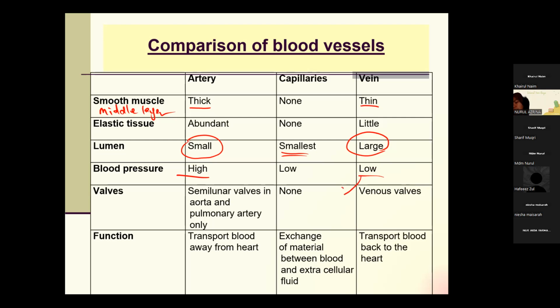What enables blood to still flow in the vein even though the blood pressure in the vein is low? Skeletal muscle action, madam. Very good. Due to the contraction of skeletal muscle.